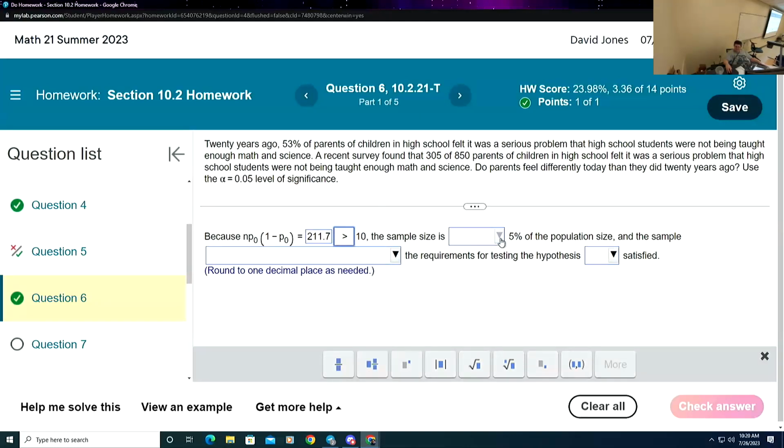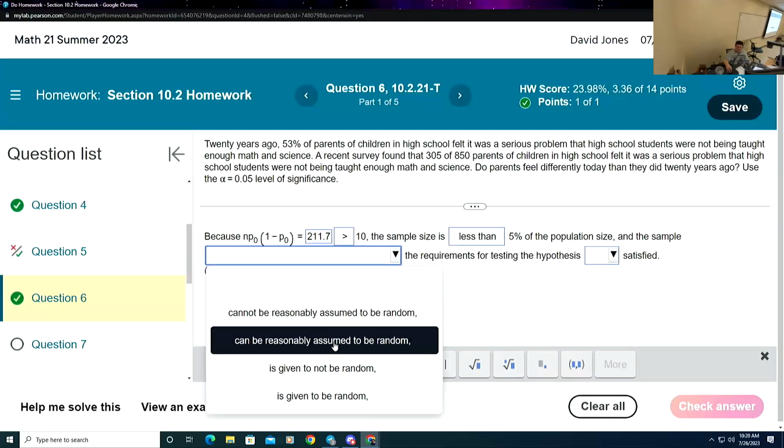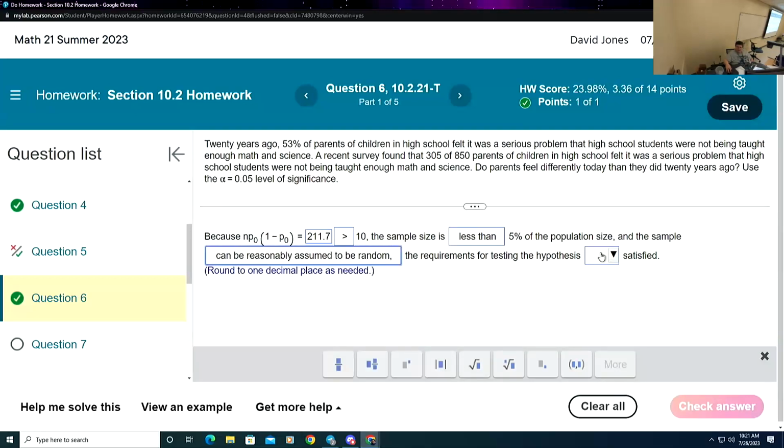And the sample size is less than 5% of the population, and the sample can be reasonably assumed to be random. It's either given or not given or assumed, and then whether or not we can assume random. There's no reason to think they picked 850 high school parents that were together. The requirements for testing this hypothesis were satisfied.